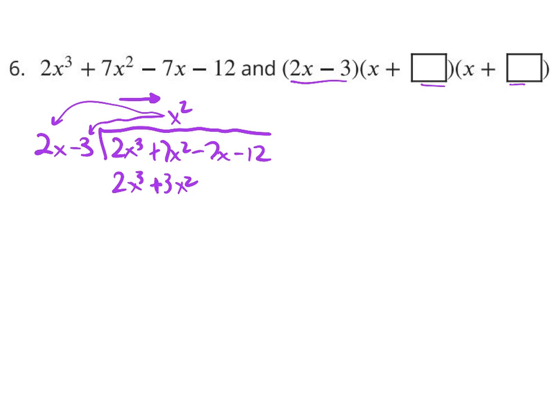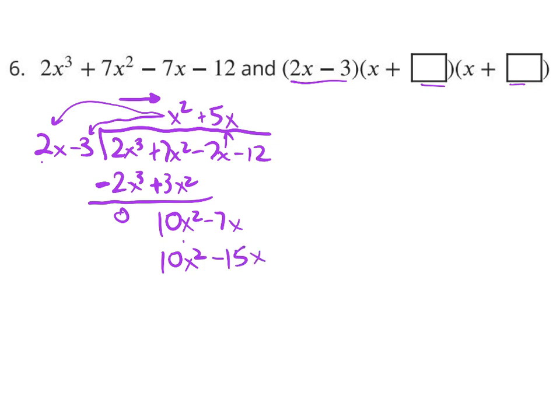Change both signs so the first term cancels out. I multiply to match the first term, so that gives me positive 5x. It's over the x, so it gets an x, which gives me 5x squared minus 15x.